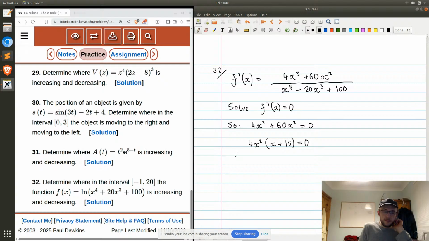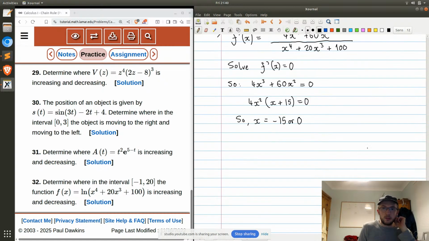So this, or 0, and that has a multiplicity of 2 right there for this cubic. So what does that mean? There's 0, and there's -15. So that means it will look like that.